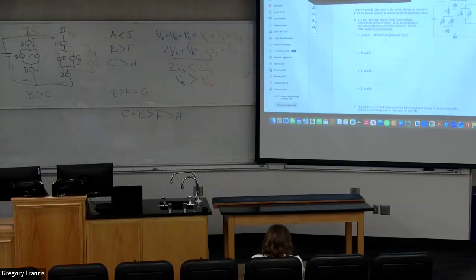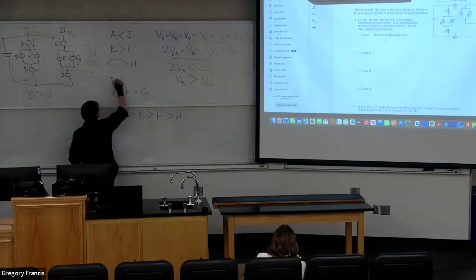And sure enough, B only gets half of the current through D, and it's going to already be brighter than G. So I know that D is brighter than G.